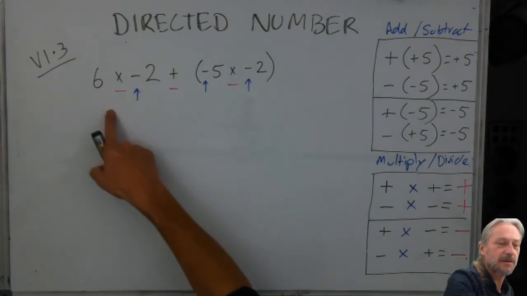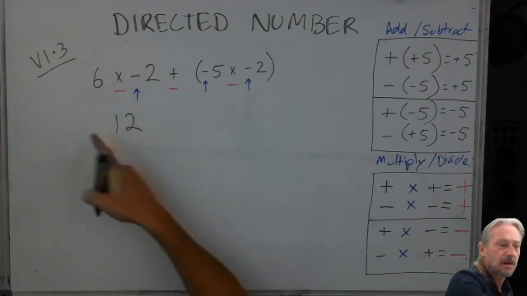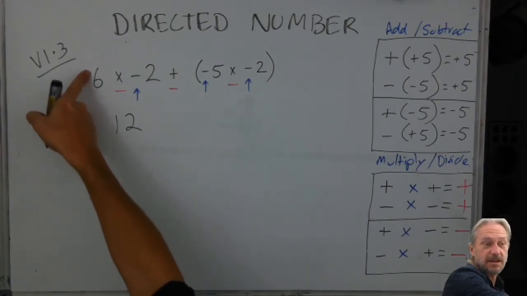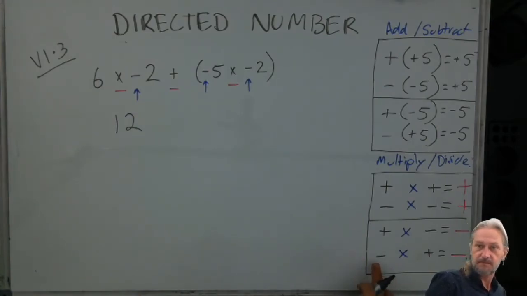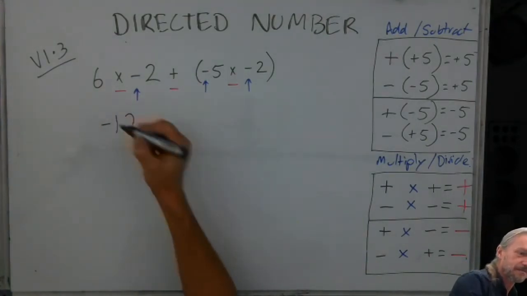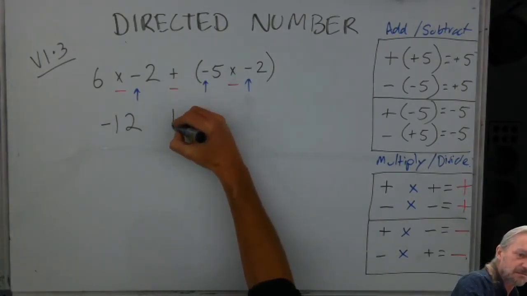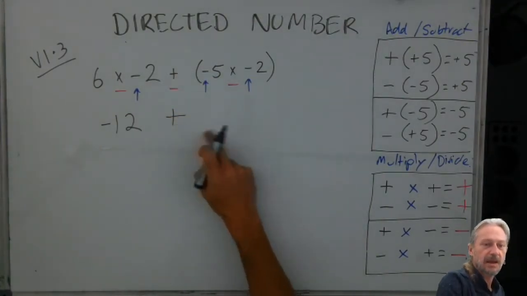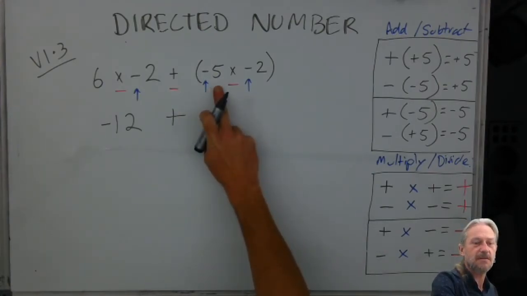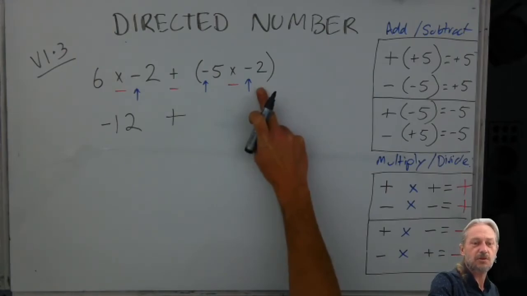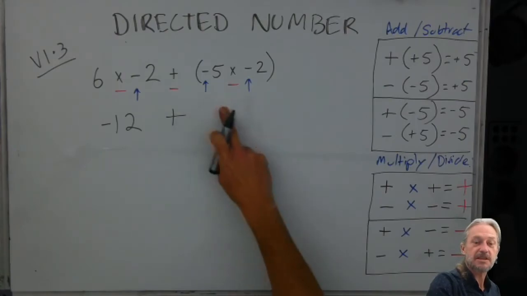Right, so we'll do this one first. 6 times 2 is 12. This 6 doesn't have a sign, so that means it's positive. A positive times a negative gives us a negative number. Now we carry our operation down, plus, and inside the brackets here we have -5 times -2. So 2 times 5 is 10, and the two signs are the same.